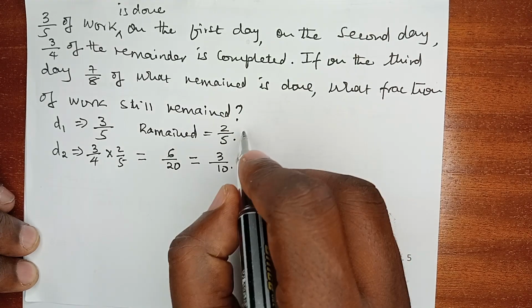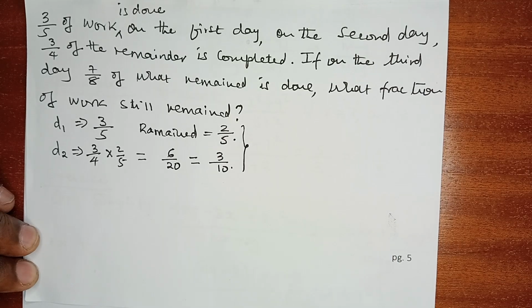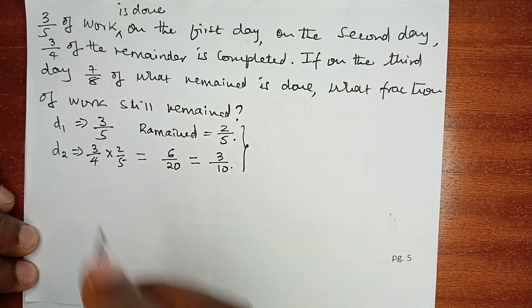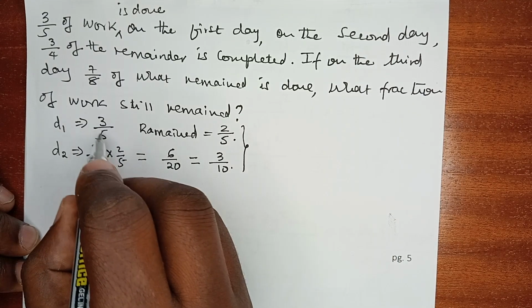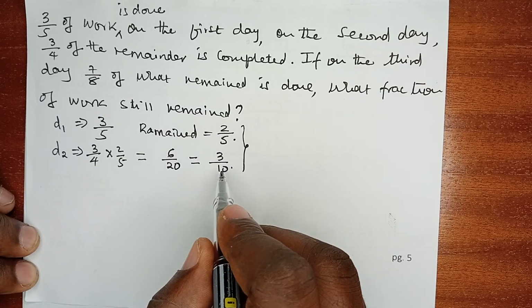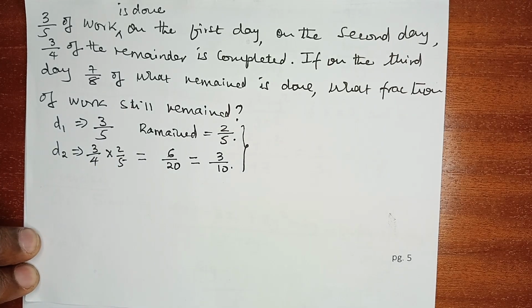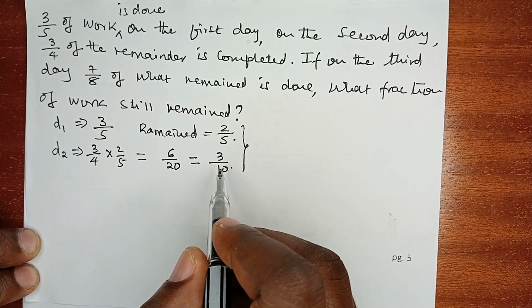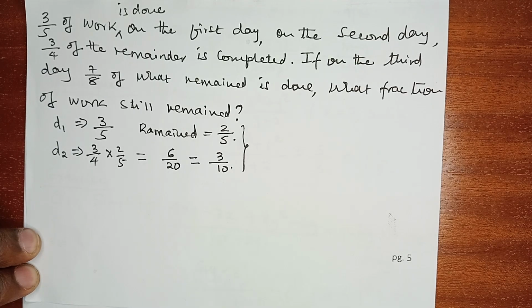Now, between day 1 and day 2, how much work is done? This work is done in day 1, and this work, 3 out of 10, is done in day 2.